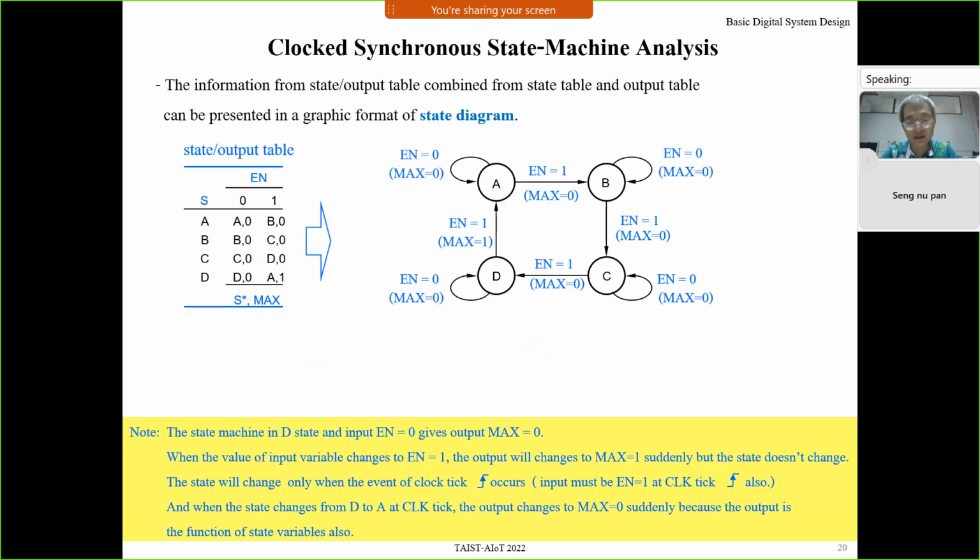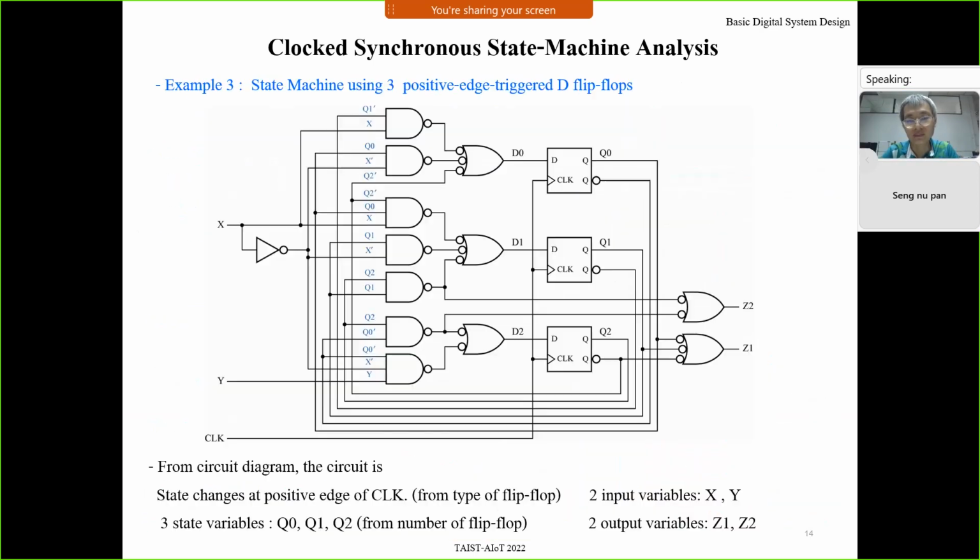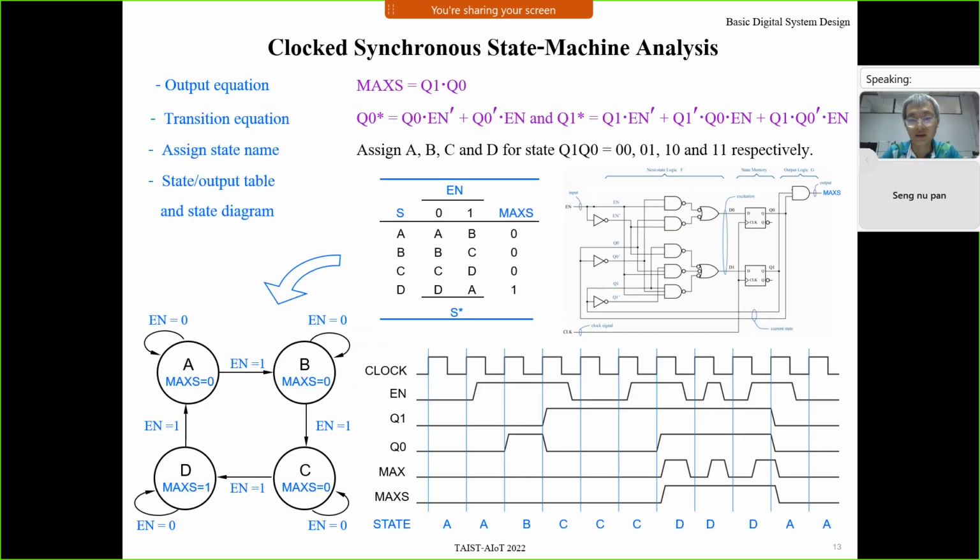So you can separate this column for the output max. Okay, in the case of a Moore type state machine, for the state diagram, you can write the output inside the circle of the state.